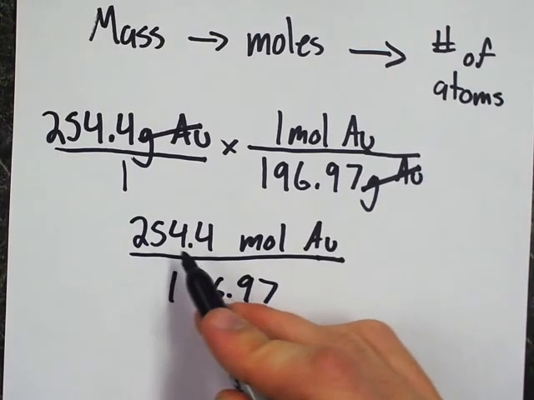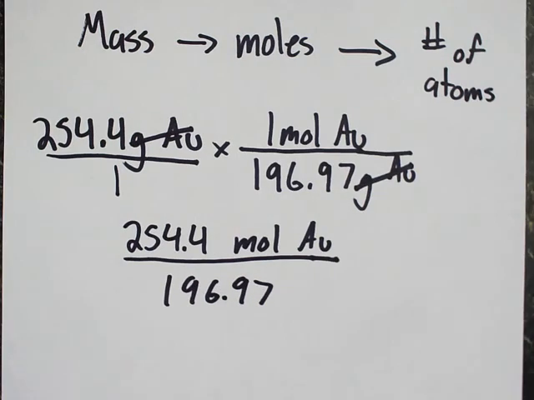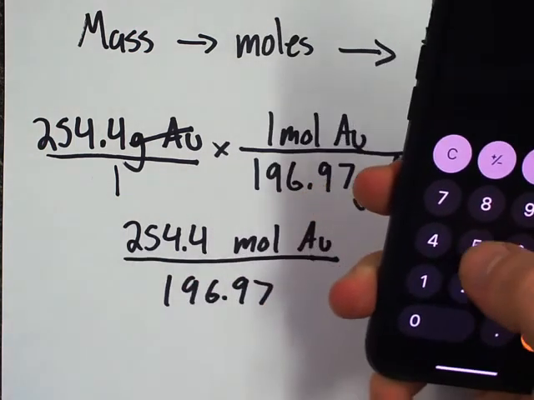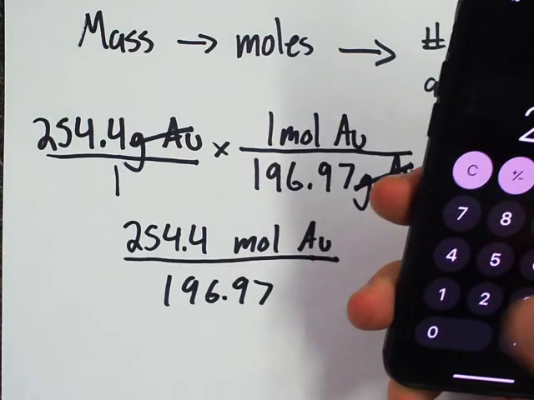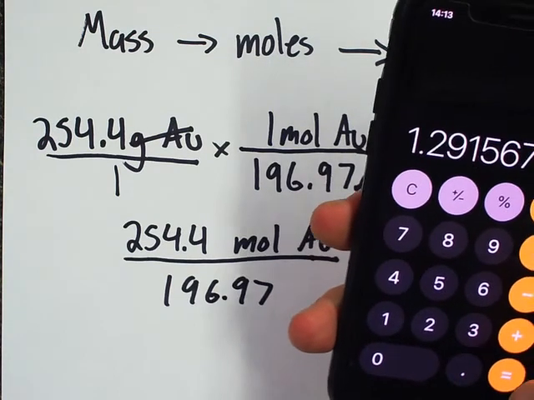And we see we have 254.4 divided by 196.97. If I get out my calculator, I can do 254.4 divided by 196.97.